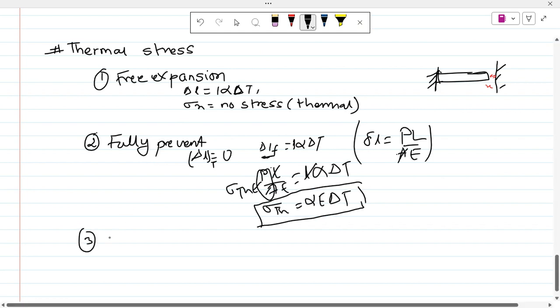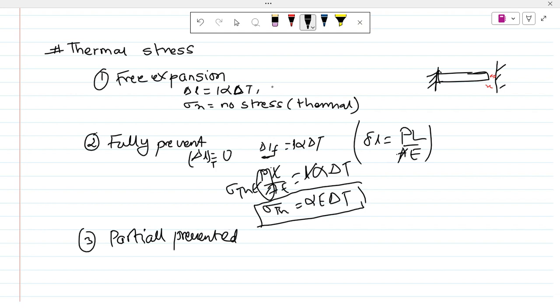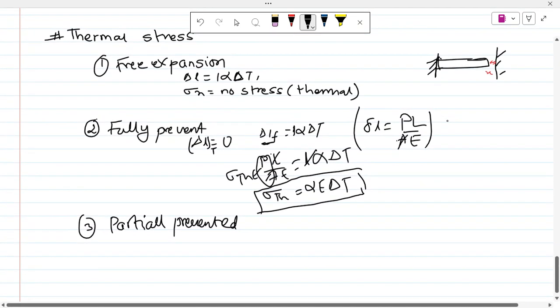For this case, this is partially prevented. We are talking about linear stress only, not considering the Poisson's ratio and the lateral strain or lateral stress.